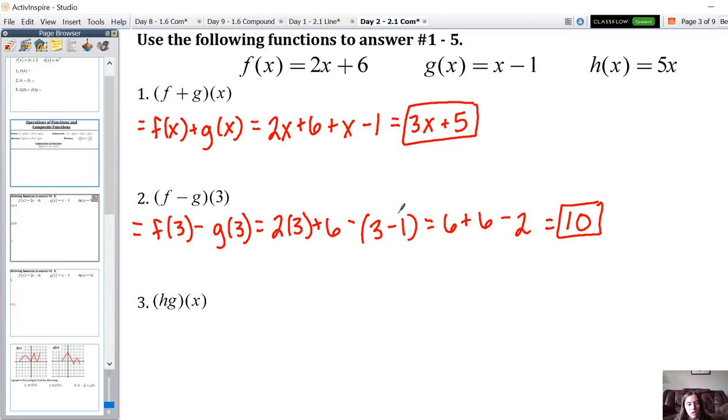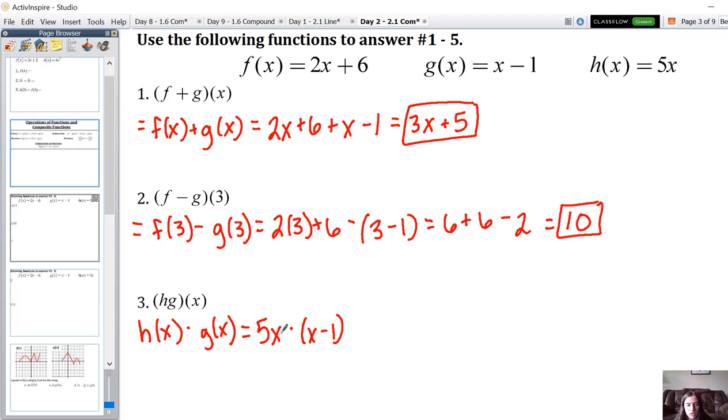Number 3, we have h times g of x, which is the same thing as h of x times g of x. So my h of x was 5x, so I'm going to put that first, times, and then I'm going to put it in parentheses, x minus 1. You don't need to put this dot here, you can just put 5x parentheses x minus 1.